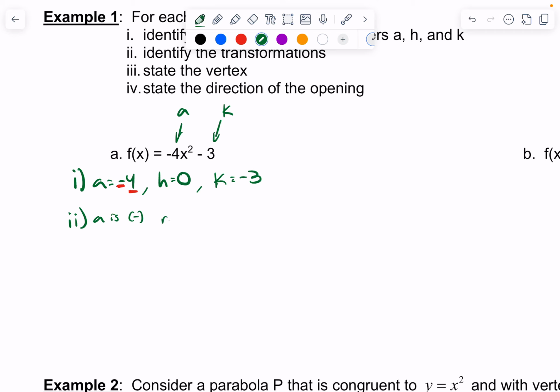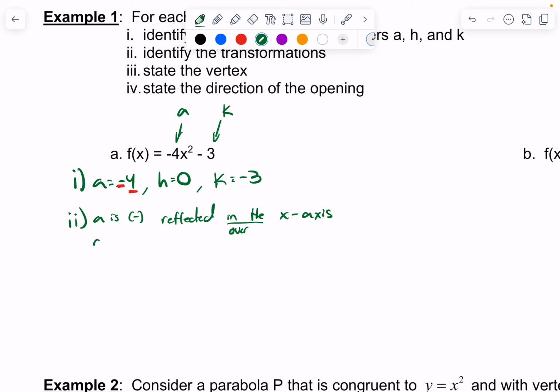this is reflected in the x-axis, or this is also sometimes written as over the x-axis.